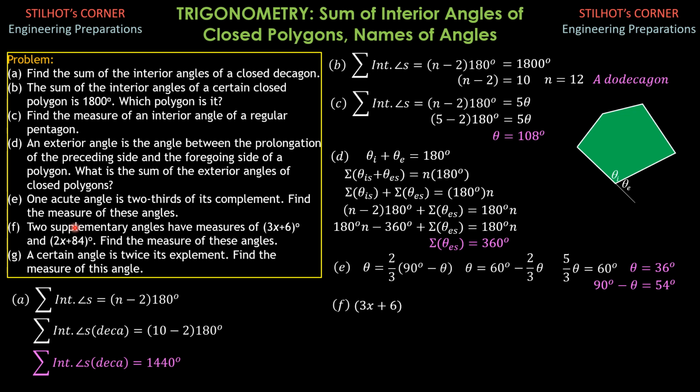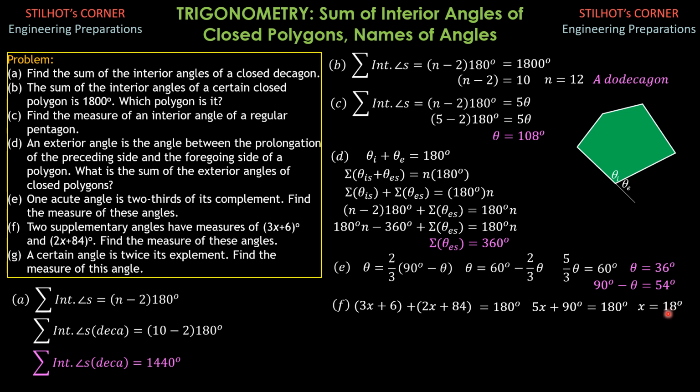So that is 3x plus 6 plus 2x plus 84 equals 180 degrees. Simplifying the left side, we have 5x plus 90 degrees equals 180 degrees. Take note, these are in degrees. 5x equals 90 degrees, so x is 18 degrees.